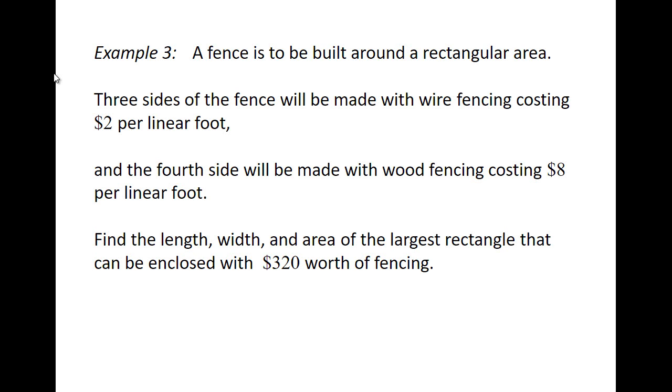Here is the optimization problem that we want to solve in this video. A fence is to be built around a rectangular area. Three sides of the fence will be made with wire fencing, costing $2 per linear foot, and the fourth side will be made with wood fencing, and it would be $8 per linear foot.